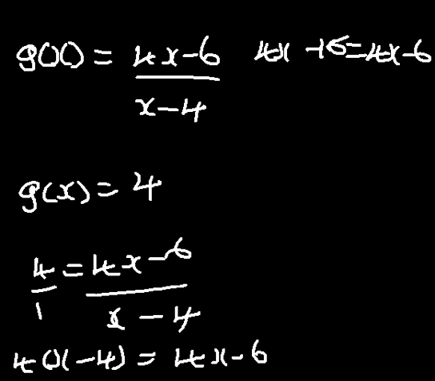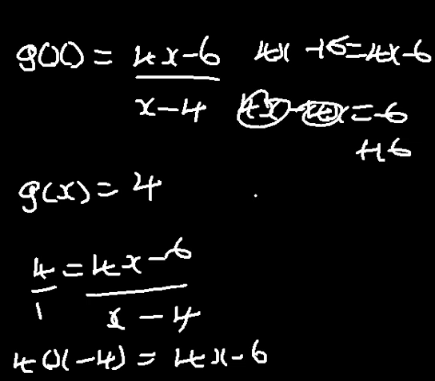So we have 4x minus 4x equals negative 6 plus 16, and the left side is 0. So there's no real solution in this case, which means 4 is not part of the range of the function.